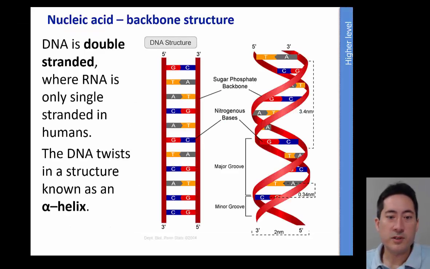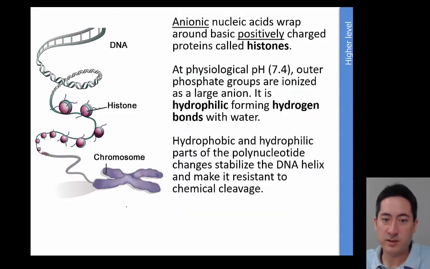Okay, so just some regurgitation information that's probably not going to be on the test because it's too close to the biology syllabus. So the DNA is double-stranded, it has an alpha helix. Moving on, memorizing ATGC we'll get into in a second. So just a bit more information here. We have an anionic nucleic acid wrapped around basic histones, giving a slightly basic pH of 7.4.